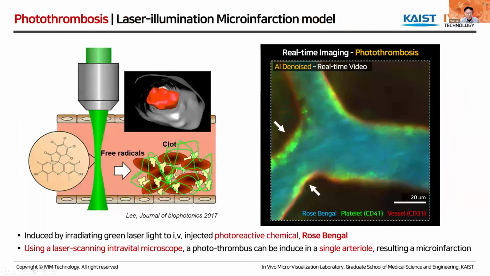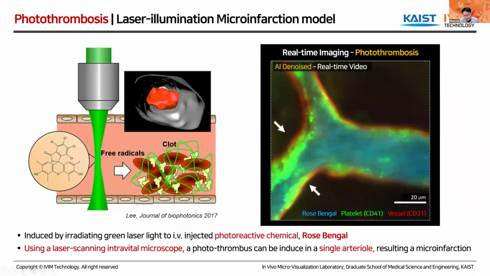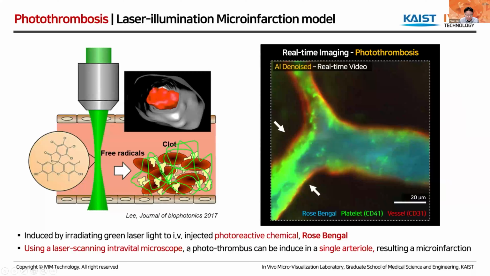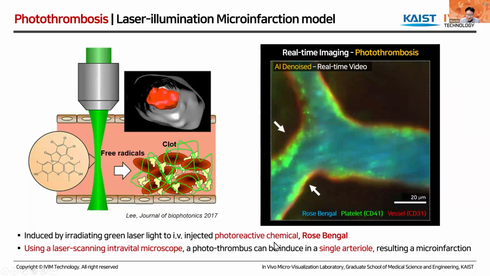I'd also like to introduce another technique which we call photothrombosis. Photothrombosis is laser-induced thrombosis in a blood vessel. After IV injection of a photoreactive chemical, Rose Bengal, we can target a single vessel, for example here, and just shine the laser.